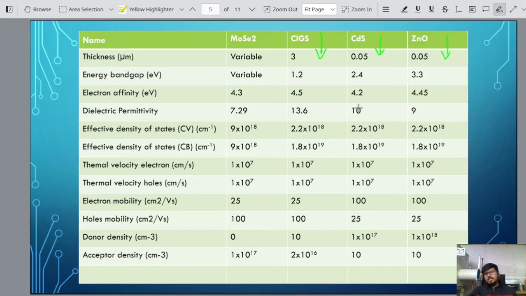The MoSe2 layer parameters are also extracted from references, and the thickness and energy band gap have been varied. The thickness of the MoSe2 layer has been varied from 10 nanometers to 300 nanometers, while the energy band gap has been varied from 1.2 electron volt to 1.6 electron volt to optimize conditions for CIGS solar cells.